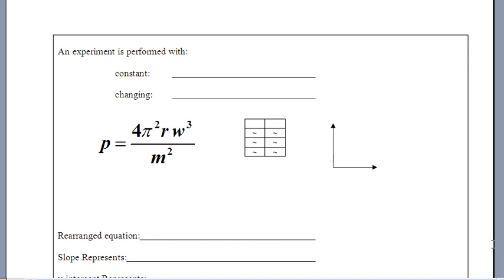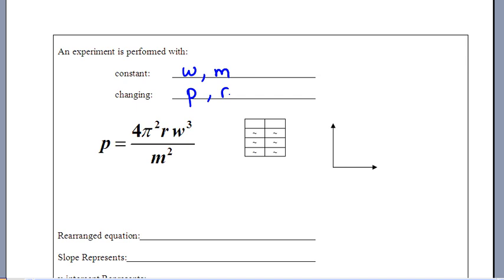Let's say you're doing some experiment and it's performed where you have maybe a constant, let's make it a constant W and a constant, what else could we have? M, but maybe a changing P and a changing R, right?